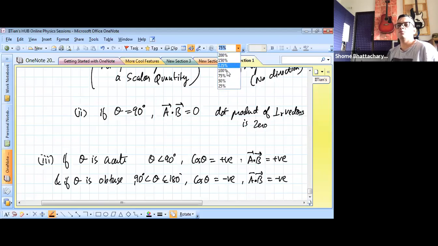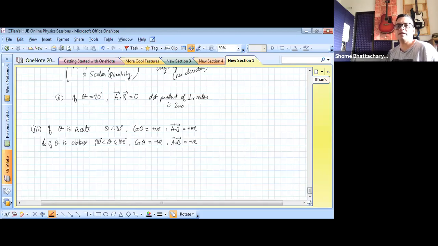So this is another important property of dot product, that the dot product of two vectors can be 0 also, it can be negative also, it can be positive also. For example, if I have two vectors which are let's say like this, say at an angle of 120 degrees.